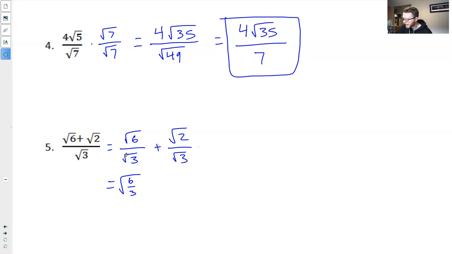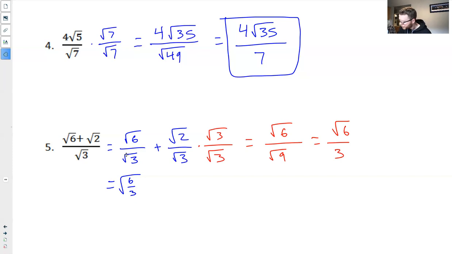So we will multiply the numerator and the denominator by root 3. And that gives us root 6 divided by root 9, which is equal to root 6 divided by 3. Okay, so plus root 6 divided by 3.